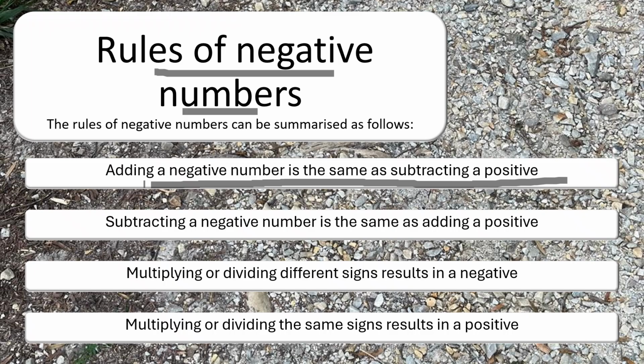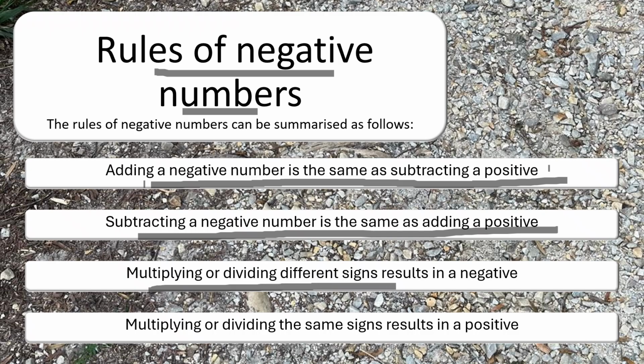But we'll look at an example. Subtracting a negative number is the same as adding a positive. So 7 minus minus 3 is the same as saying 7 plus 3. Multiplying or dividing different signs results in a negative. 6 multiplied by minus 6 will result in a negative, minus 36.